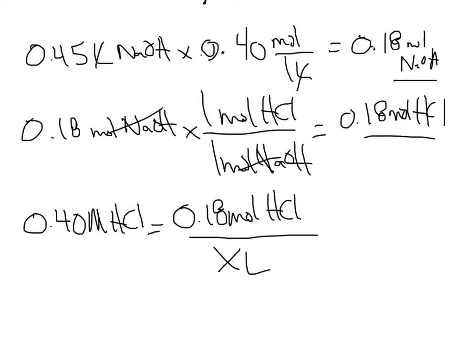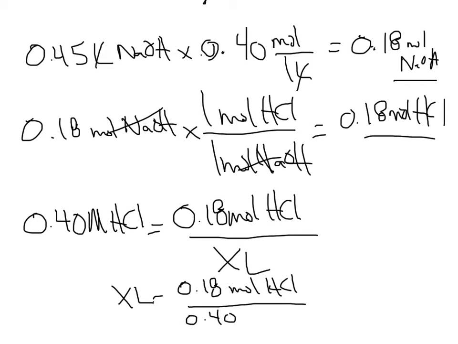Then when I solve for my X liters, I've got 0.18 mole of hydrochloric acid divided by 0.40 mole of hydrochloric acid over 1 liter, because that's what molarity stands for.